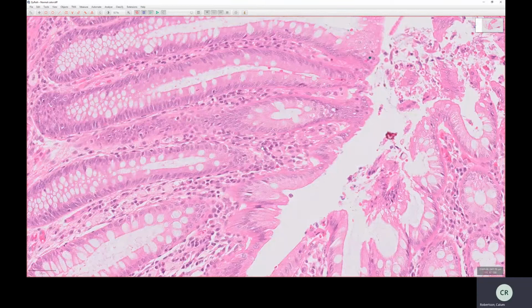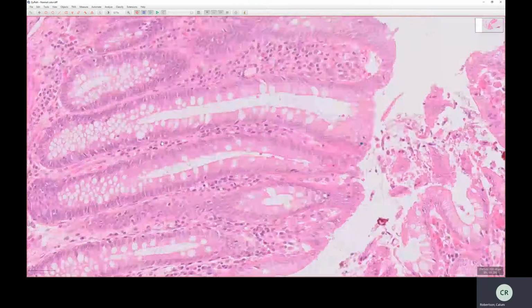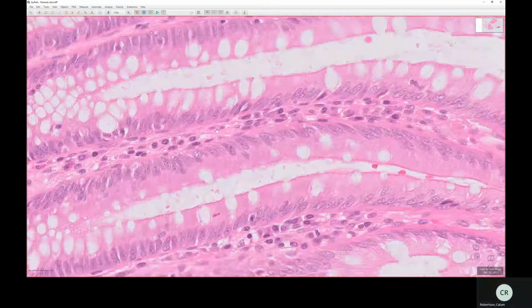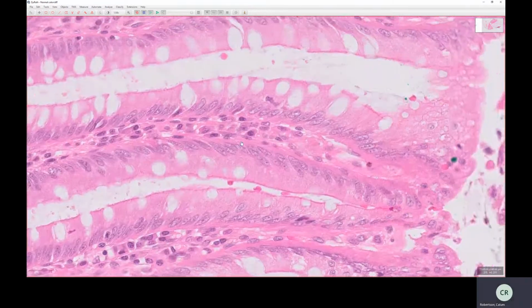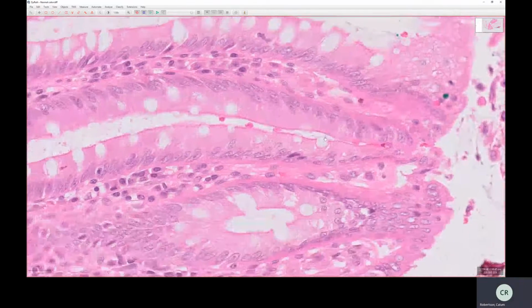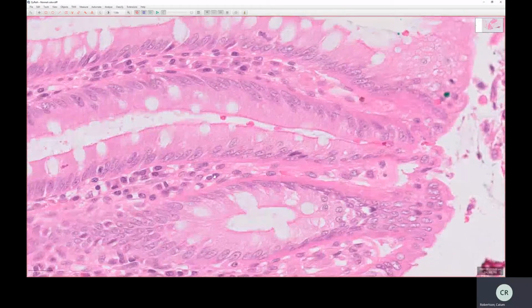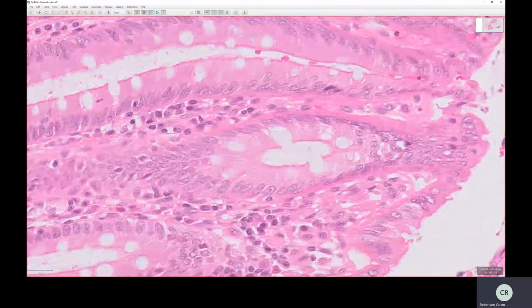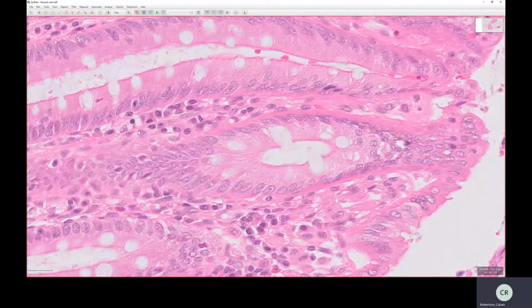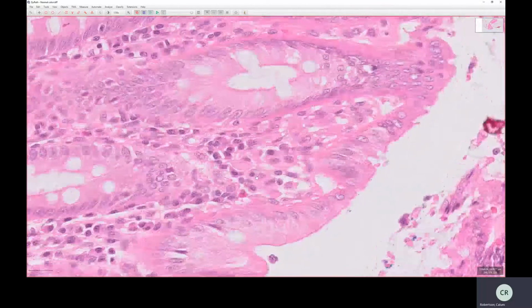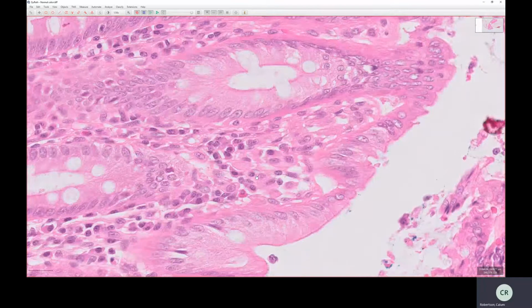So let's see if we can identify some of them. Lymphocytes look like inky purple dots with hardly any cytoplasm. There's maybe an eosinophil. A lymphocyte. There's a lymphocyte. Inky purple dot, hardly any cytoplasm, and you'll see lymphocytes scattered around, and that's a normal finding.